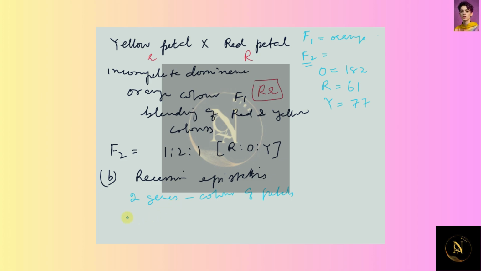So let's assume that gene A is responsible for production of pigment and gene B is responsible for the color of the pigment, which is red or yellow.